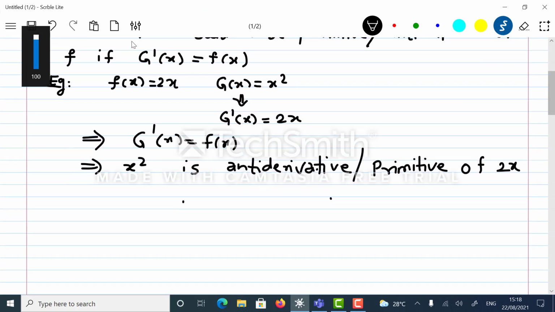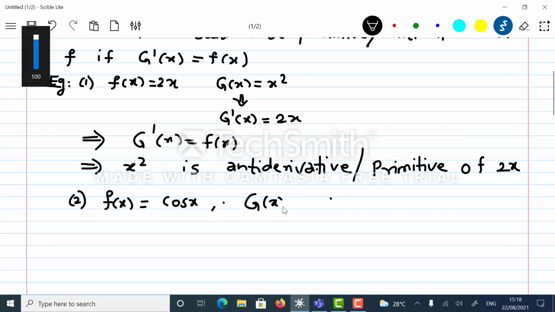Now similarly we can have one more example. For example, if I take f(x) = cos x, and for g(x), you can easily guess now, it will be sin x. You can see that g, being a trigonometric function, is differentiable.